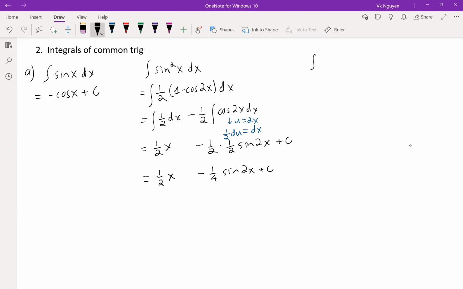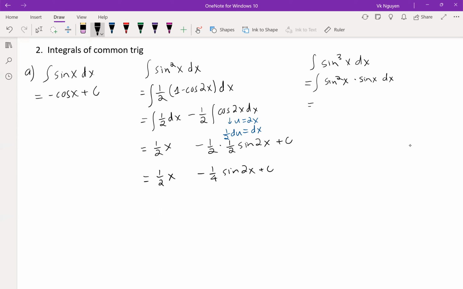Next is the integral of sine to the power 3 of x dx. Split this out into the integral of sine squared x times sine x dx. And we need to get rid of the x, sine x dx.